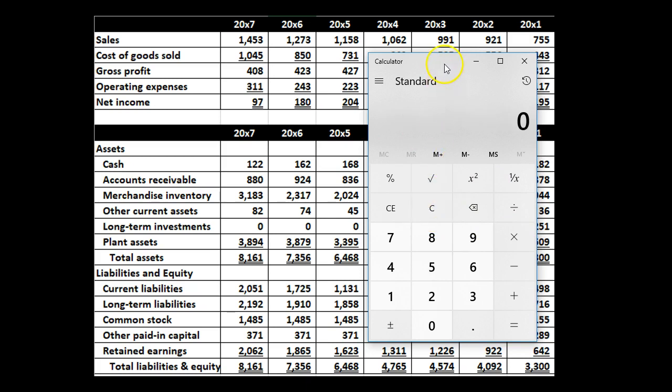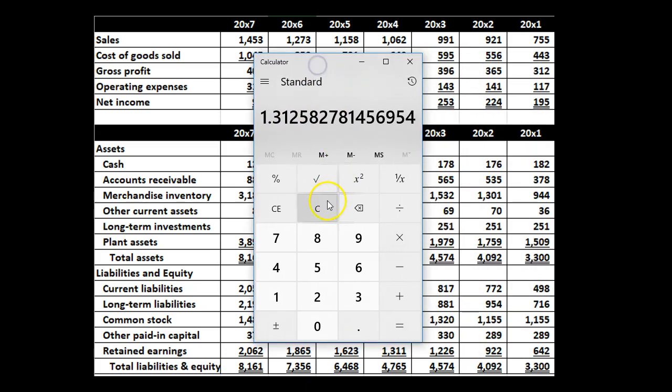And then if we go to year 3, we've got the 991 divided by the 755, and now we have a 1.31 increase. And then we go to year 4, and the key is we're just always going back to 2000x1. So 1036 divided by the 755, that's going to give us a 1.4.